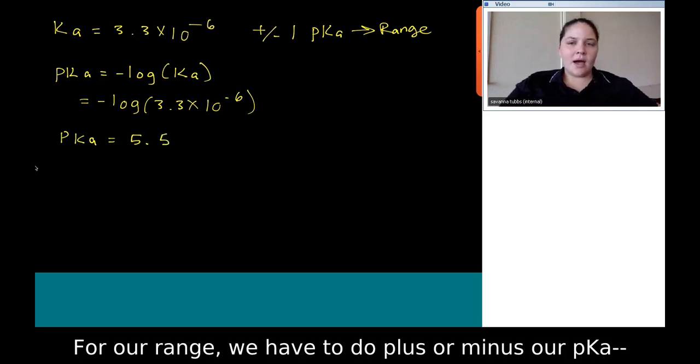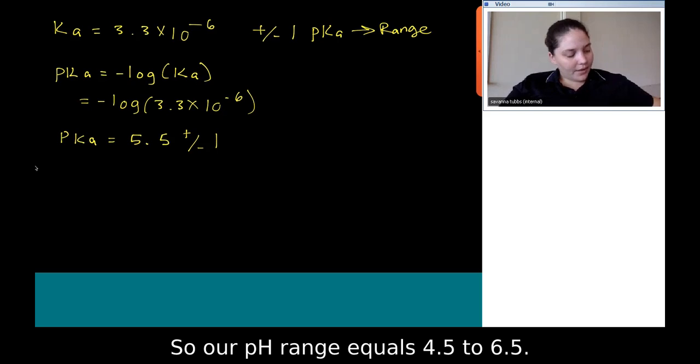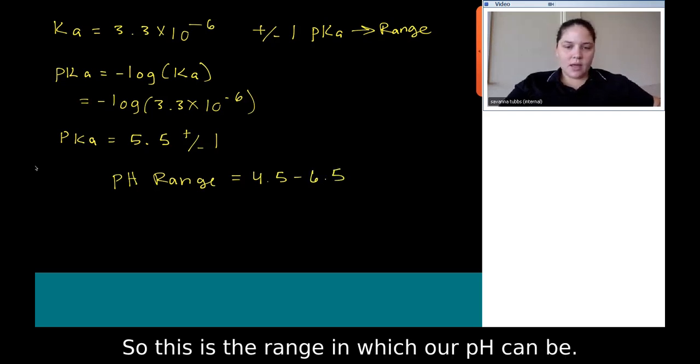For our range, we have to do plus or minus 1 from our pKa. So 5.5 plus or minus 1. So our pH range equals 4.5 to 6.5. So this is the range in which our pH can be.